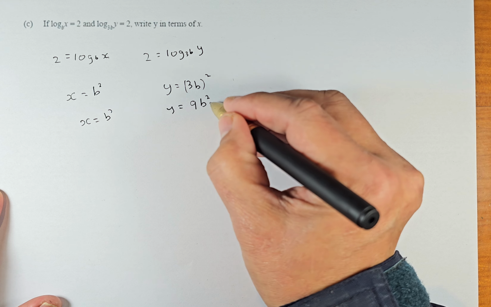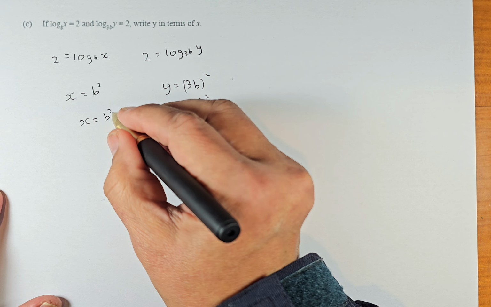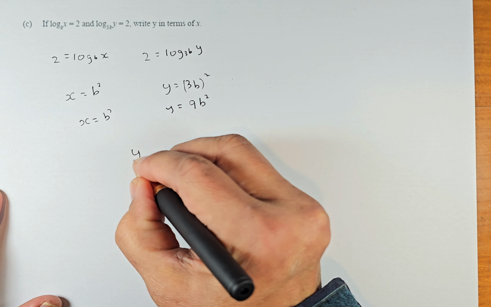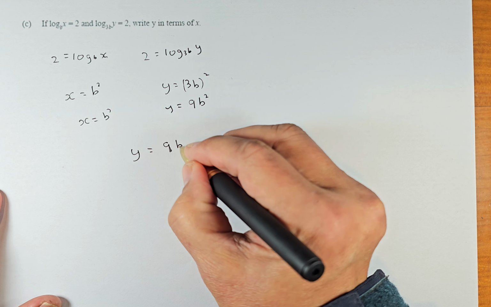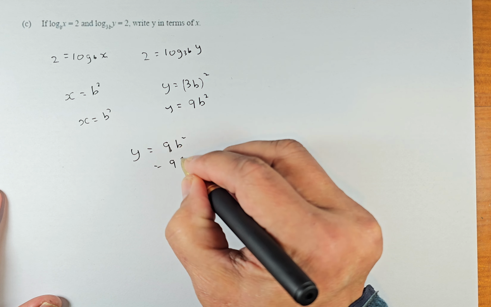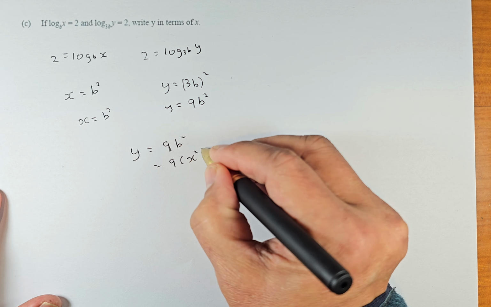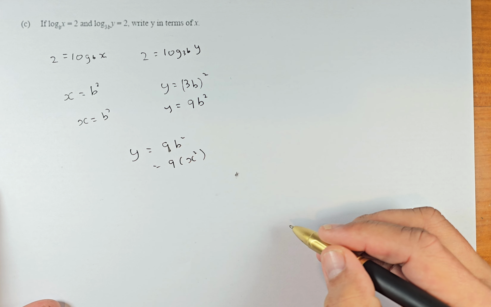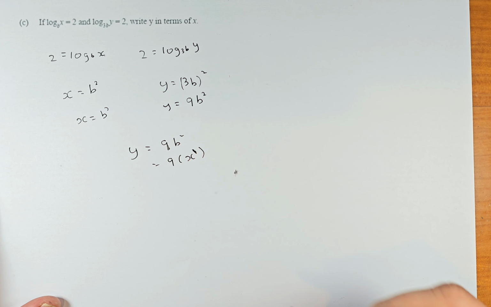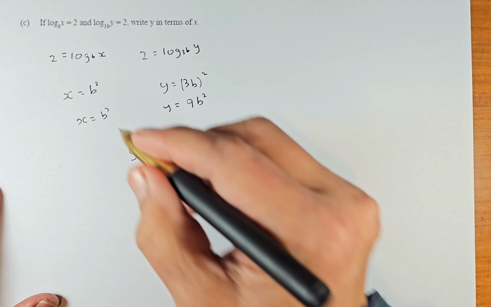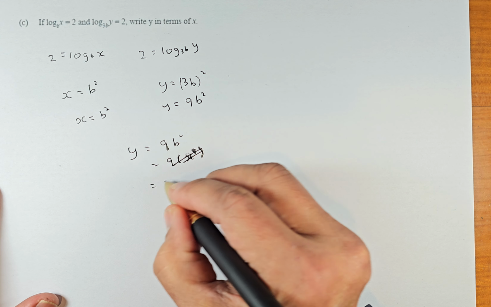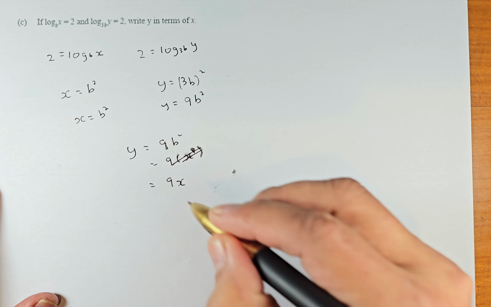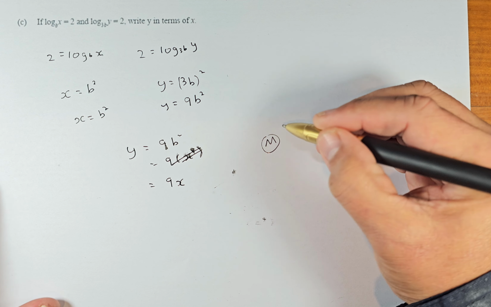If y equals 9b squared and x equals b squared, we can claim that y equals 9x, because b squared is x. So 9 of x will give you 9b squared. And that will give you a merit in this paper.